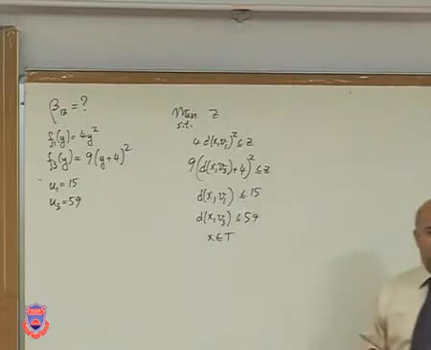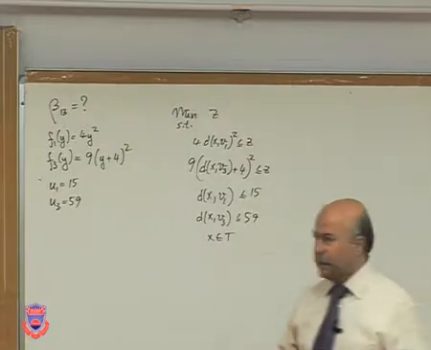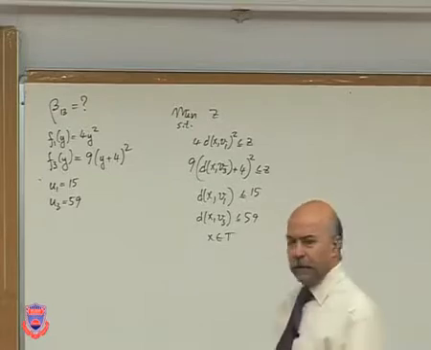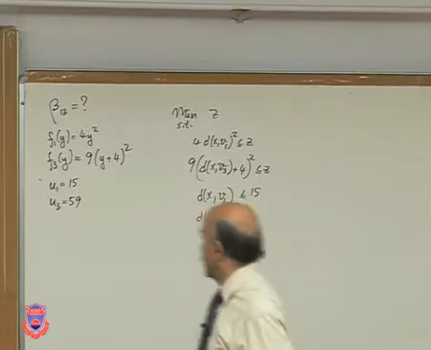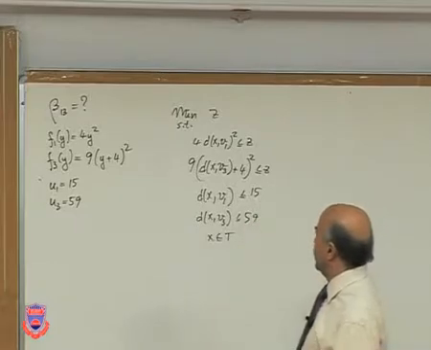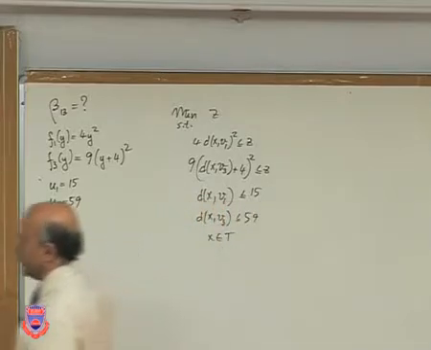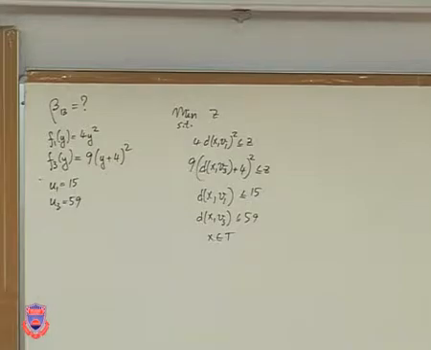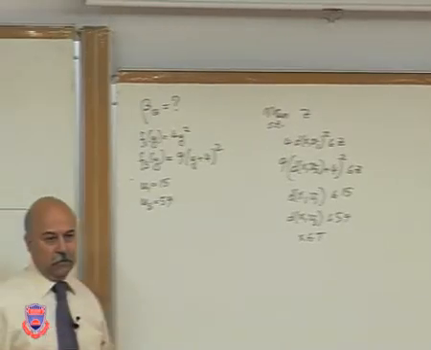I've got these constraints. Can we directly omit the third constraint? Why should we omit that? I wouldn't. No.